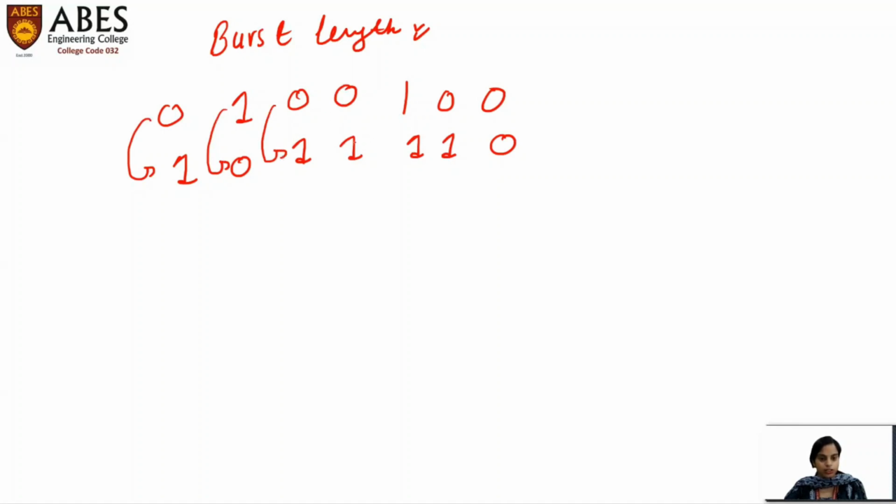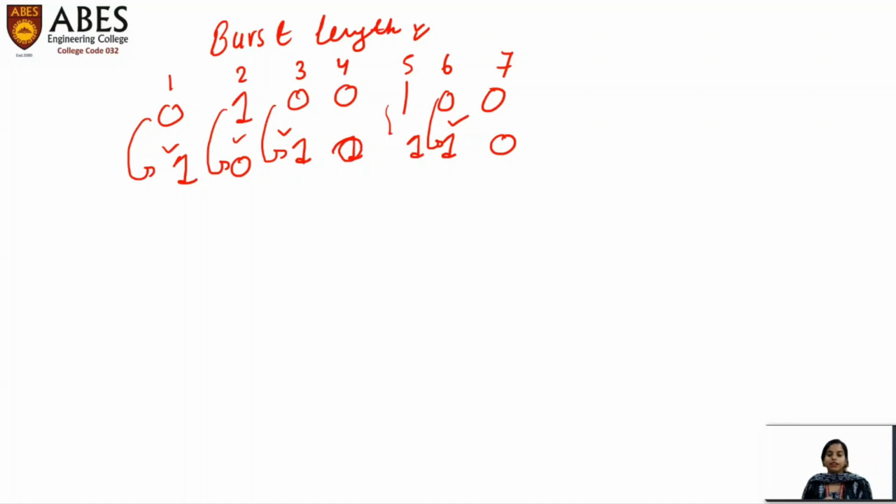Let's suppose this 0 and this is the same, and this is also changed. If I write the positions 1 2 3 4 5 6 7, you will not say that 4 bits are changed, like 1 2 3 4. No, you have to count that. You cannot say that 4 bits are changed.